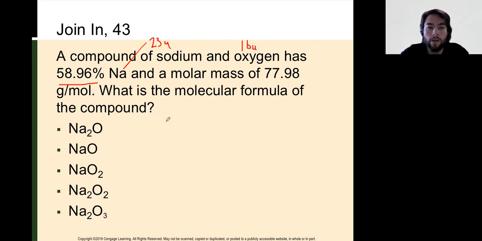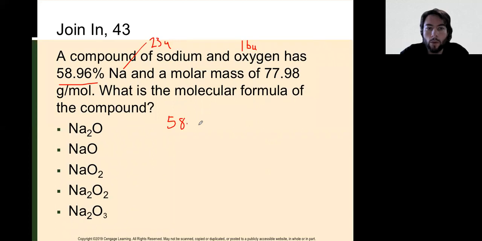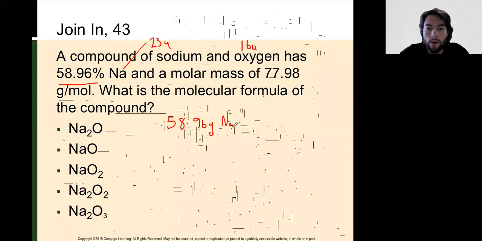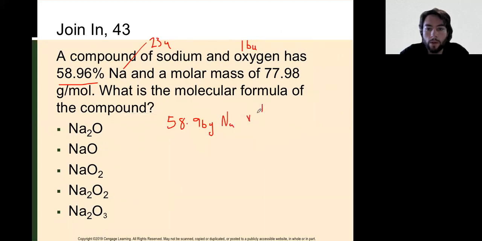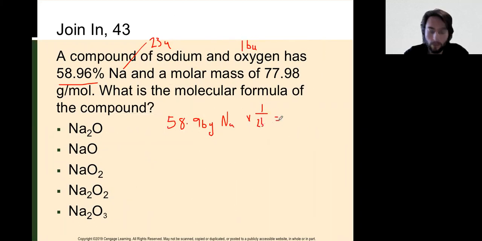So if it's 58.96% sodium, we have 58.96 grams of sodium, which is how many moles? It's 1 over 23, which is equal to 2.56 moles.